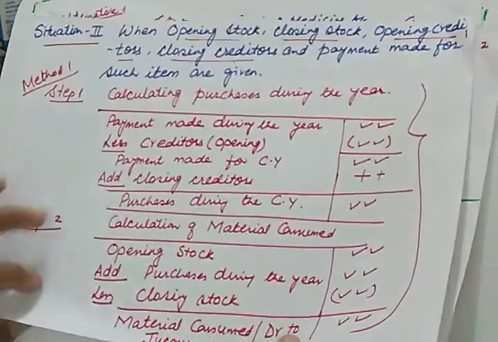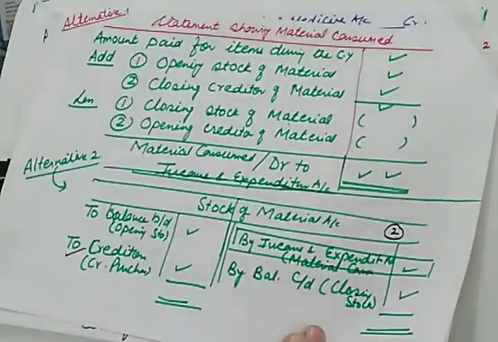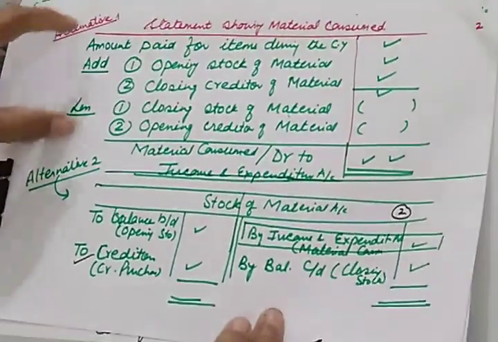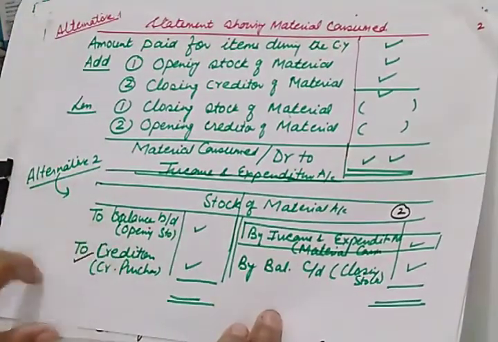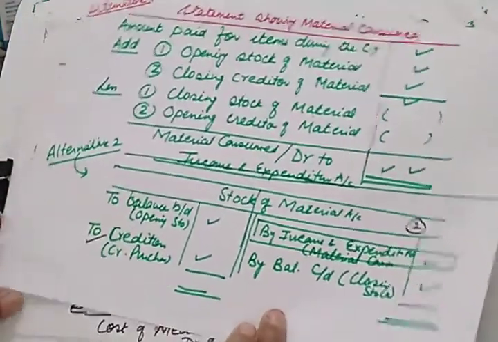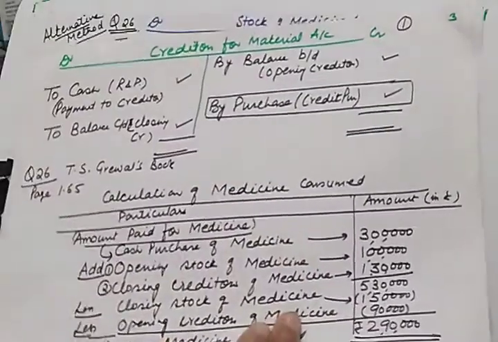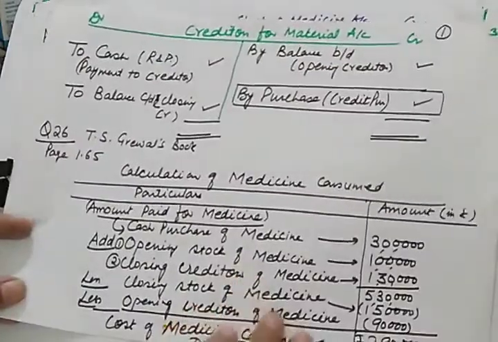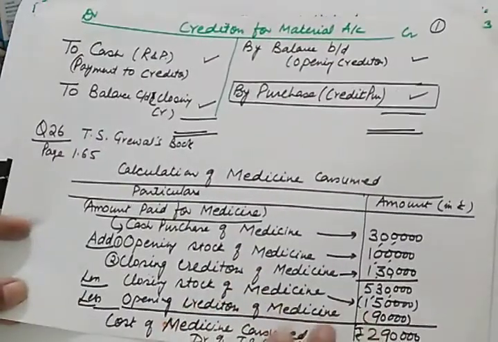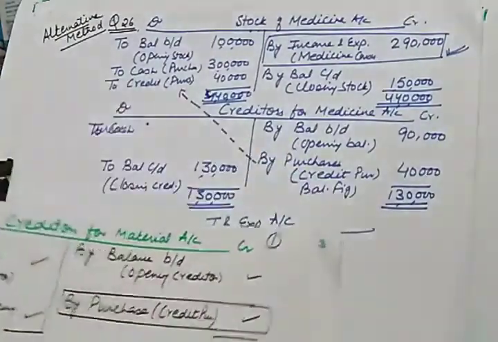According to the first method, you can make 2 statements, and according to the student friendly method, only 1 statement will be sufficient. And in this we have seen the ledger of stock of material as well as creditors for material, and we solved this question number 26 with the help of the first alternate, and this is the second alternate.